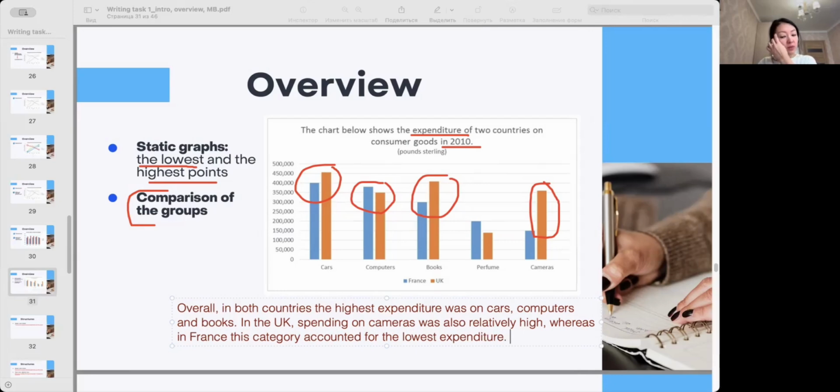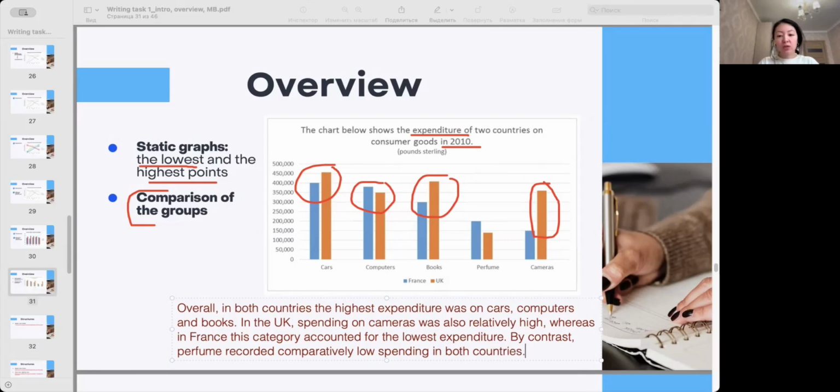And by contrast, I'm going to write about the perfume because I haven't mentioned it yet. Perfume recorded, for example, comparatively low spending in both countries.